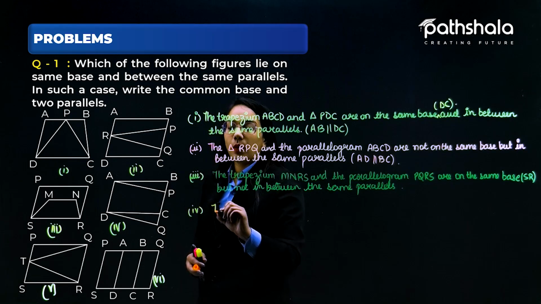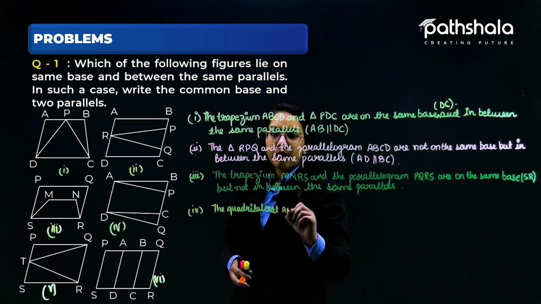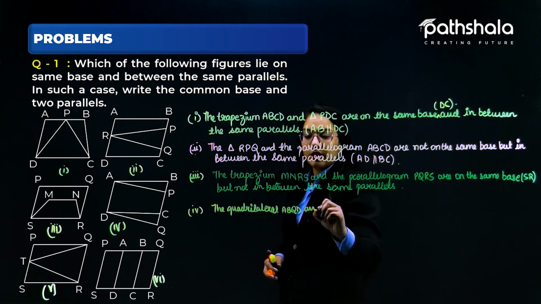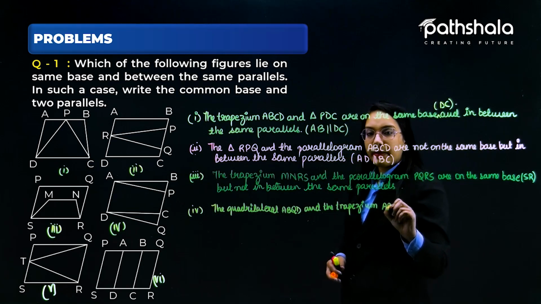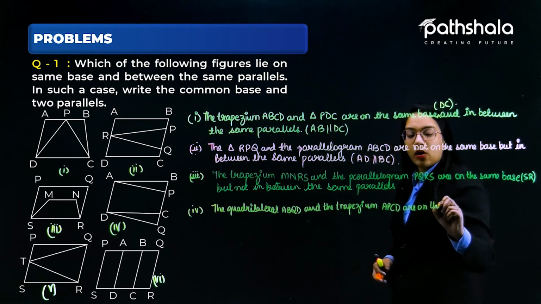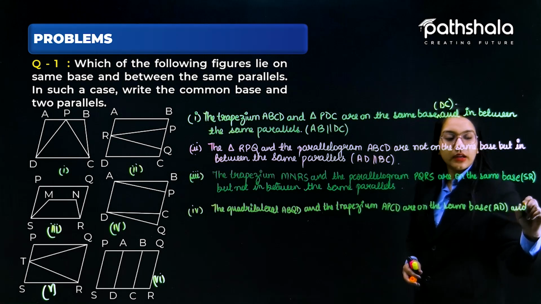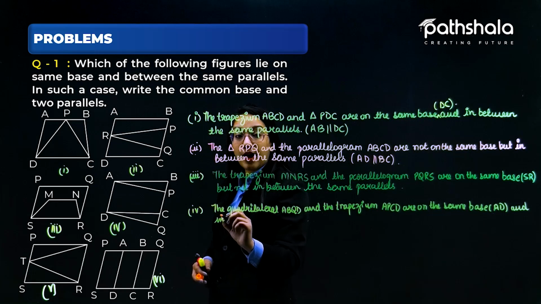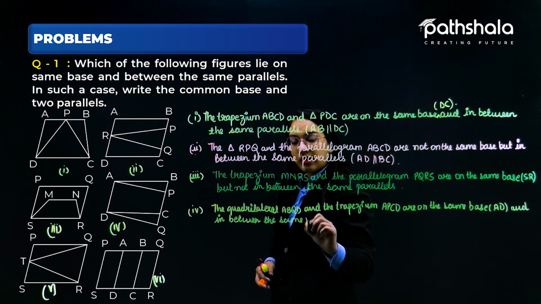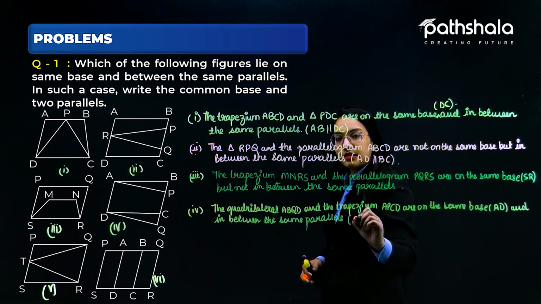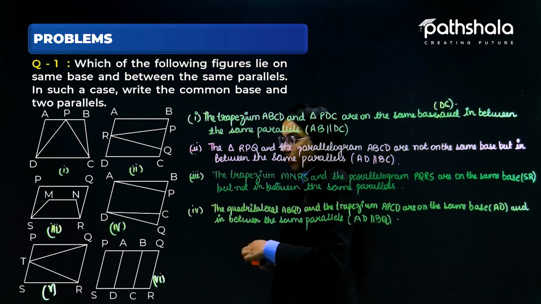So we can say that the quadrilateral ABQD and the trapezium APCD are on the same base AD, and in between the same parallels, which is AD parallel to BQ.